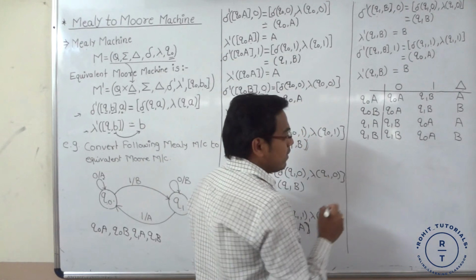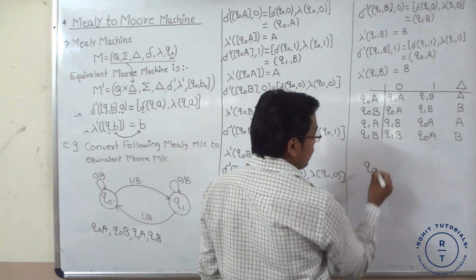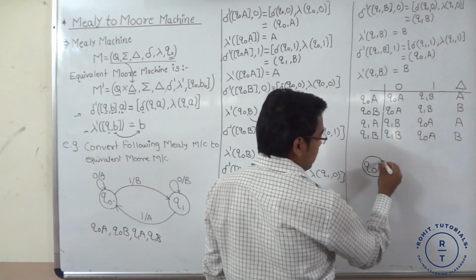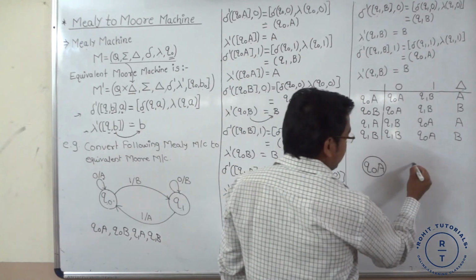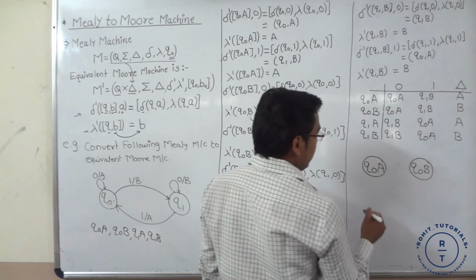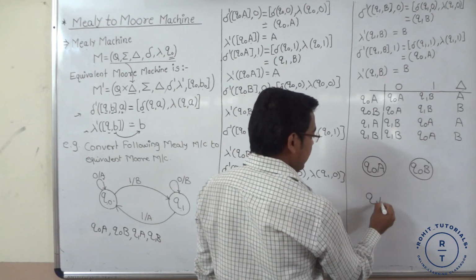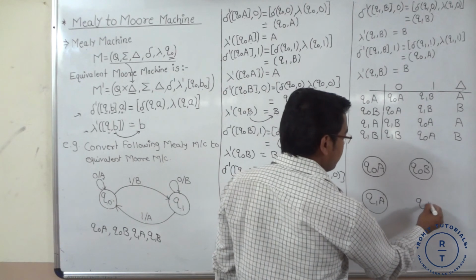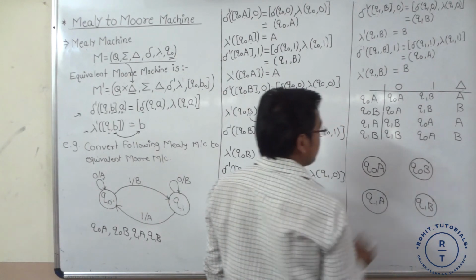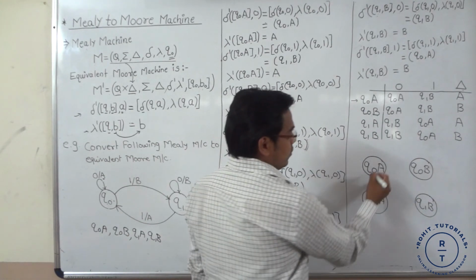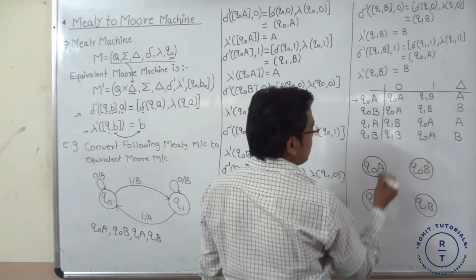Now the diagram consists of Q0A state, next is Q0B state, next is Q1A state, and last is Q1B state. So this is the initial state. Q0A state, when 0 occurs, there is a self loop.